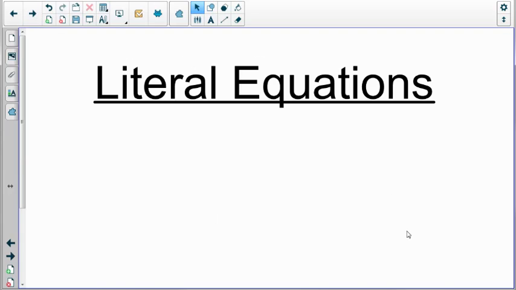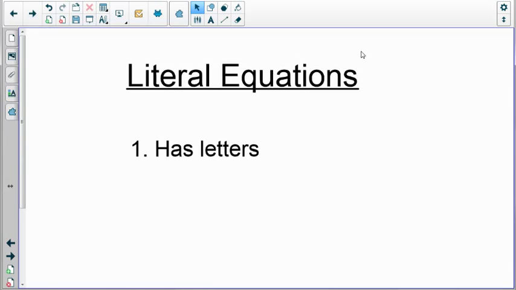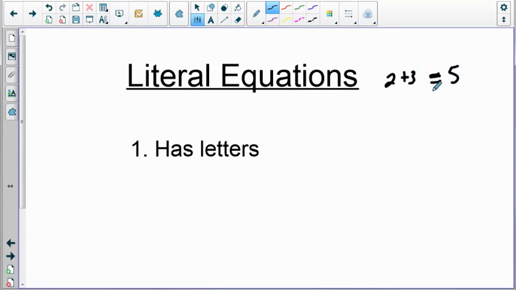Now you're taking notes. Okay, so literal equations, if you look it up in the dictionary or online, you might see several different definitions. The first one is that it has letters. I guess first we should talk about what exactly we mean by an equation. Well, as you probably know, an equation has an equal sign. So 2 plus 3 equals 5 is an example of an equation.